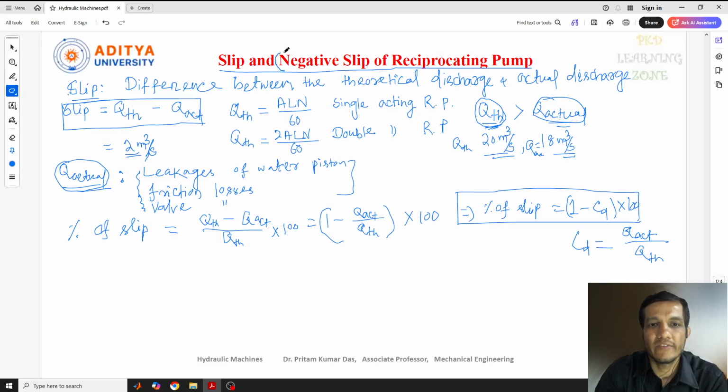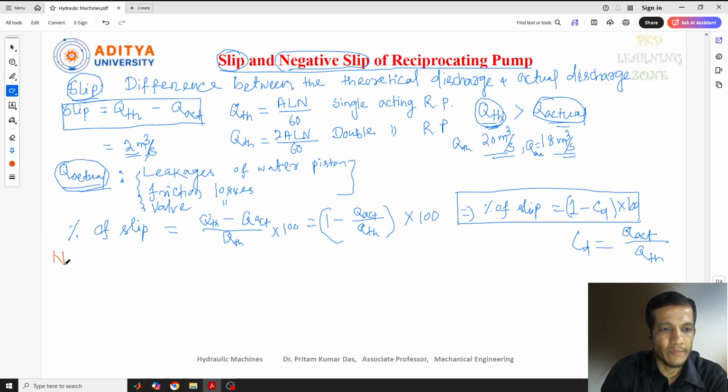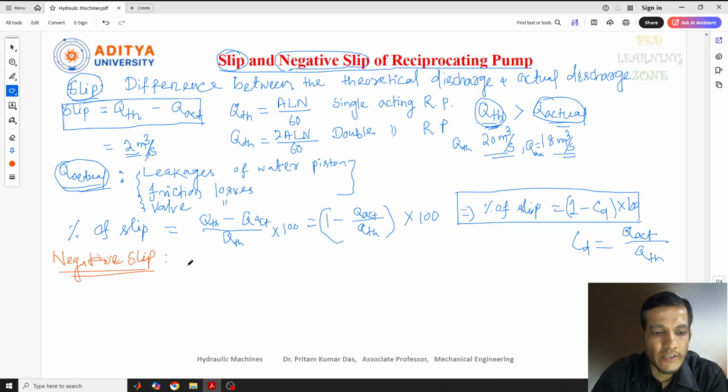So the next thing is negative slip. First, I hope you understand what is slip, and the second one, I'll tell you what is negative slip. Negative slip is slightly the reverse of this.